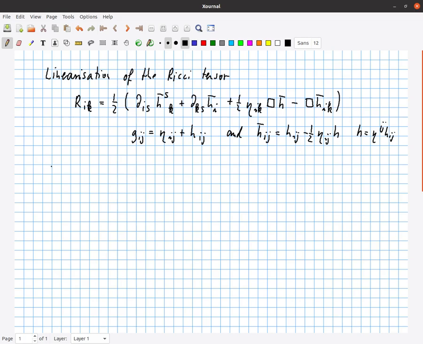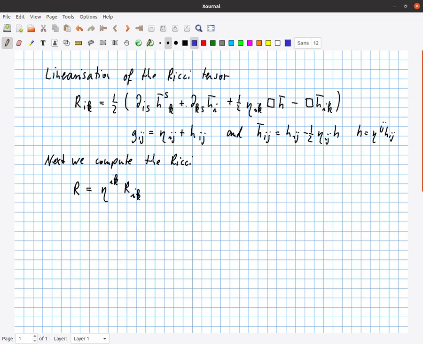Next, for our Einstein field equations, we need the Ricci scalar. Our Ricci scalar is denoted by just capital R, and we can write here eta^ik R_ik.